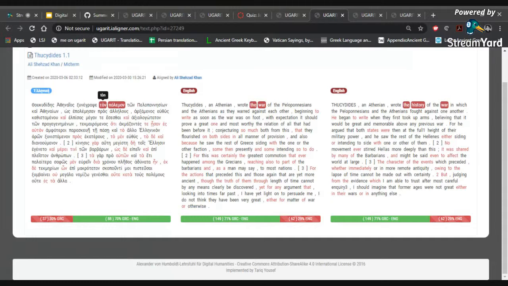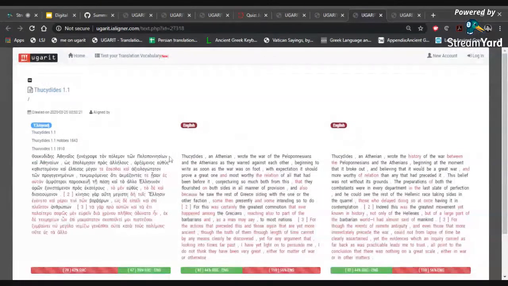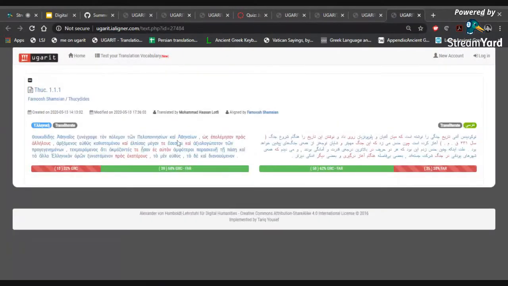And in the third translation, you see it's not only the war, but the history of the war. The same goes here: xunegrapse with ton polemon, that wrote the war. And this is actually my alignment.